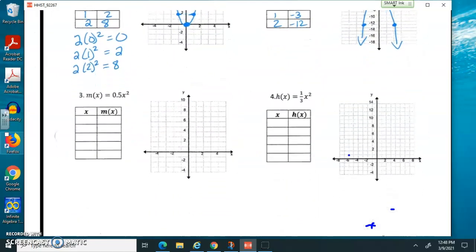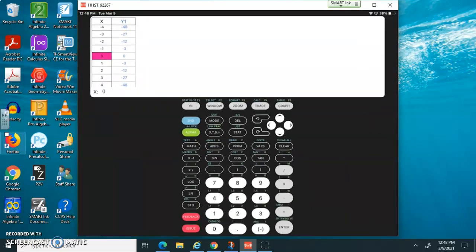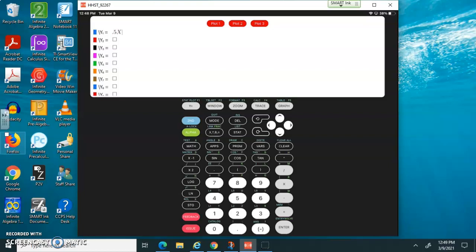Okay. All right. So if we look here at this next problem where we have a half x squared, we're going to go back to our table, hit y equals, clear, 0.5 x squared. Again, our vertex is at 0, 0 on these.